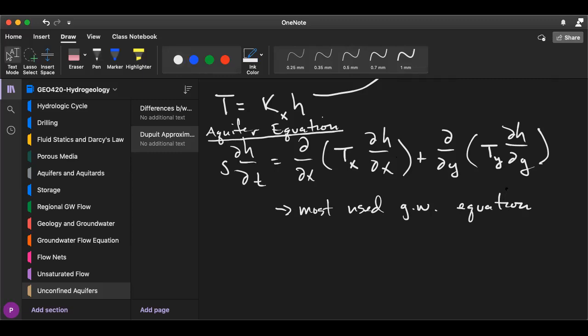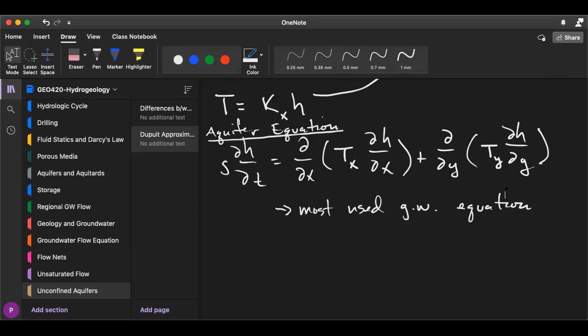But what needs to be remembered is that this equation is based upon the Dupuit assumption. We've assumed only horizontal flow. This is a reasonable assumption for most situations, but it is important to remember that it's assumed that all flow is horizontal.